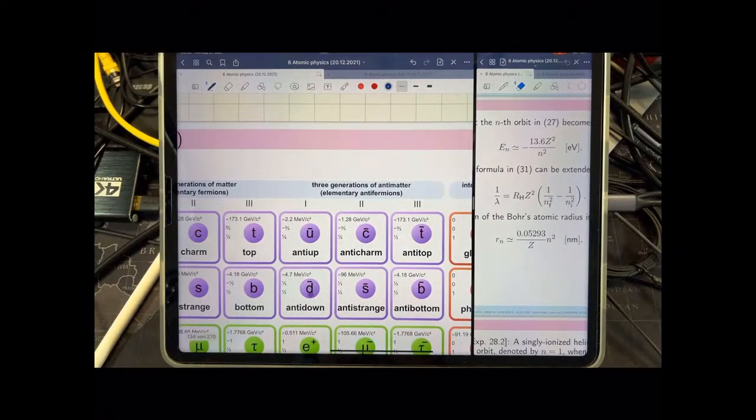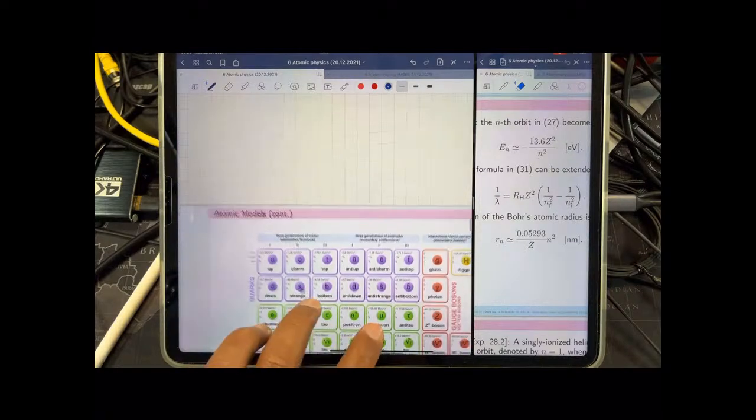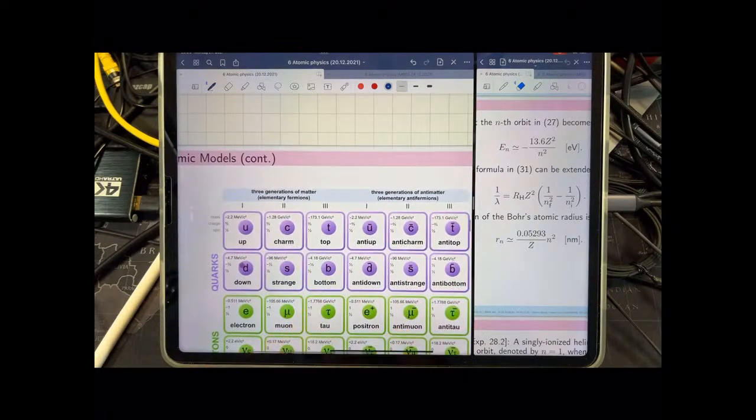That's why we have here anti-down quark, anti-strange quark, anti-bottom quark, which have the charge of 1 by 3, 1 by 3, okay? So in summary, negative charge, positive charge, okay? The anti or the reverse version: positive charge, you have negative charge here. And that's the quarks, okay?